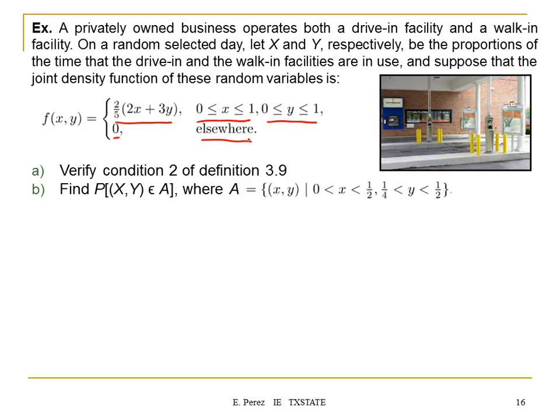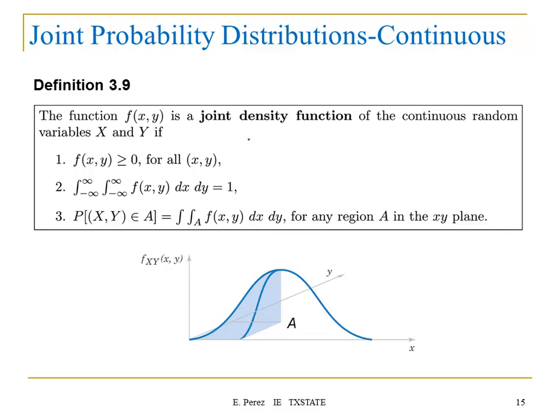The first thing that the problem asks you to do is to verify condition number 2 of the definition. So this is condition number 2, it's just this. We need to verify that when you integrate for x and y, that integral equals 1, which means that the probability for that joint density function equals 1, based on the conditions for a joint density function.